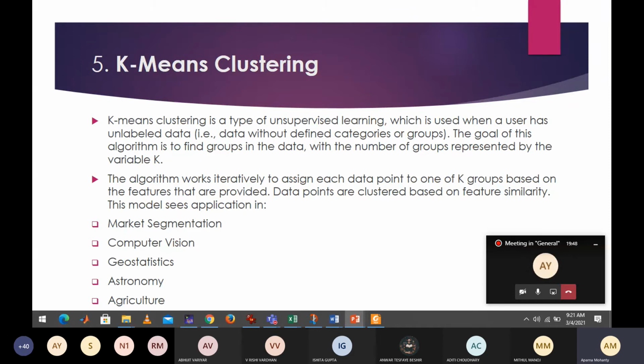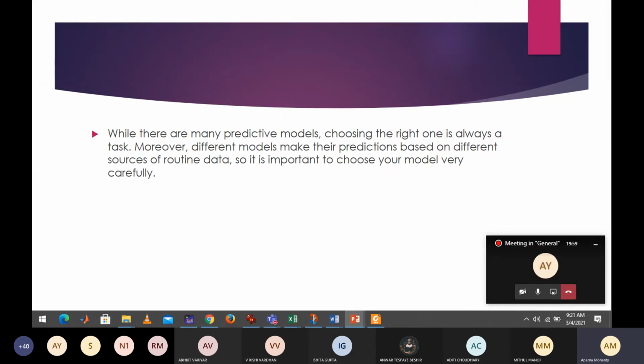Mostly in computer vision, market segmentation, as I told you, cluster things and then classify, and in agriculture and all, you get to use K-means clustering. So these are various approaches that exist for predictive analysis.